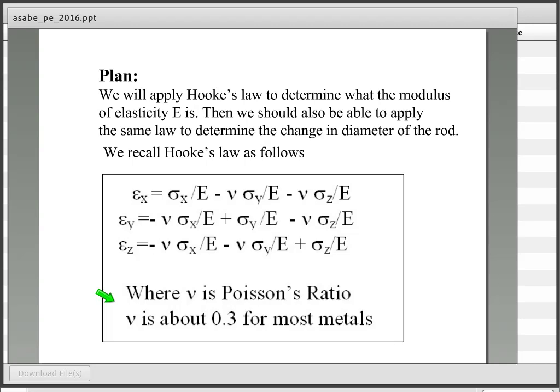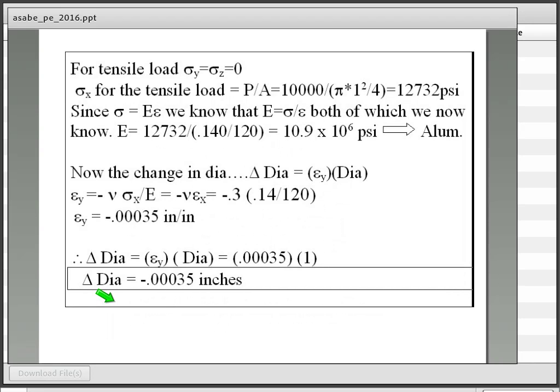So let's look at where this takes us then. Tensile load gives us sigma y and sigma z equal to 0. Sigma x then is our tensile load. We can calculate that stress, 12,700 psi. Since we know that the stress is E times the strain, we have enough information here to calculate that modulus of elasticity.